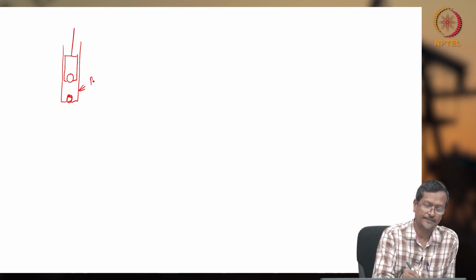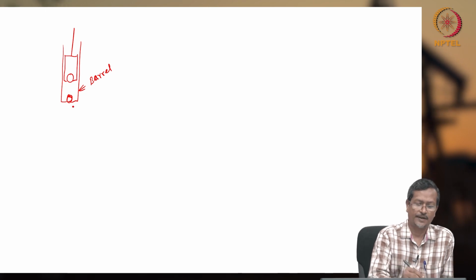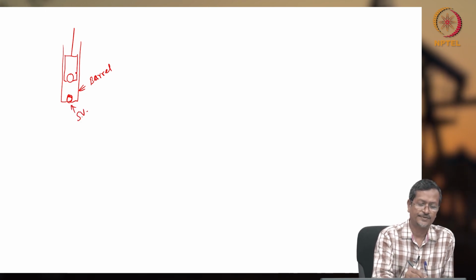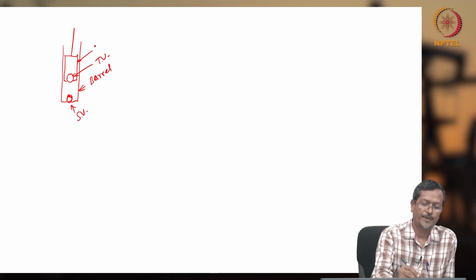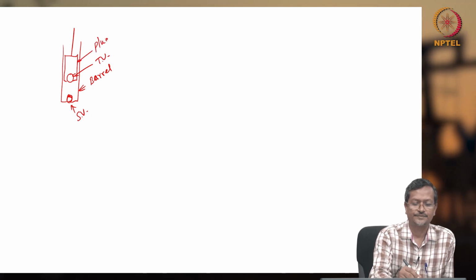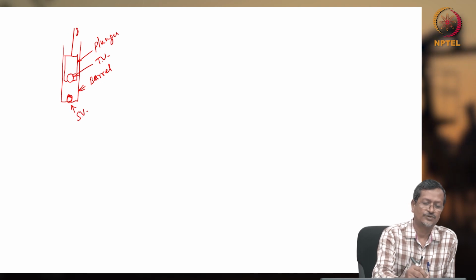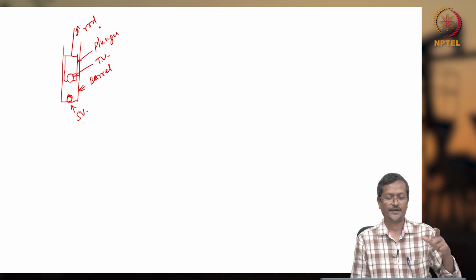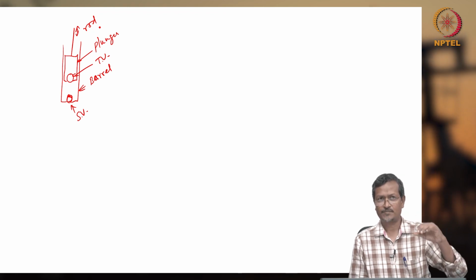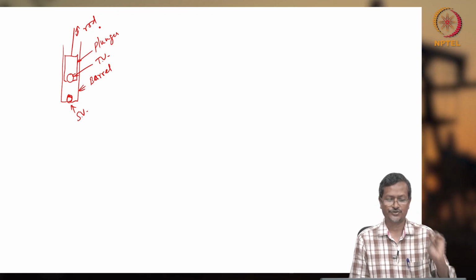This is the barrel. For the sucker rod pump, this is the standing valve, this is the traveling valve. I hope you can remember. This is the plunger, this rod will be moving up and down, and SV and TV will be acting continuously, and you will get production.